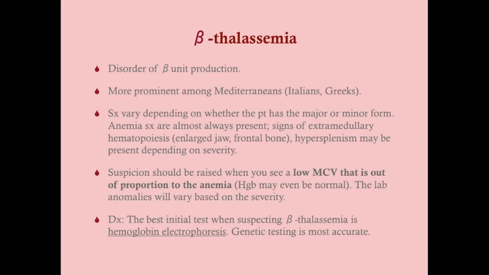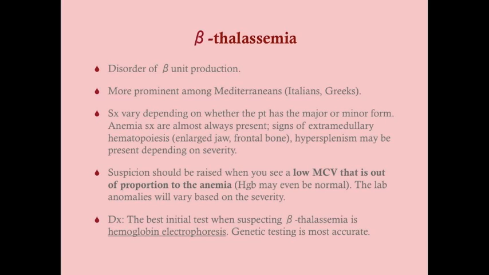Just like alpha thalassemia, again, suspicions should be raised when you see a low MCV that's out of proportion to the anemia, and the lab anomalies will be based on the severity. Just like alpha thalassemia, the best initial test is going to be hemoglobin electrophoresis, and genetic testing is the most accurate.